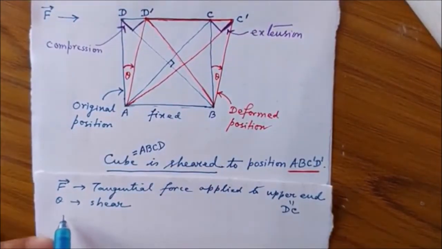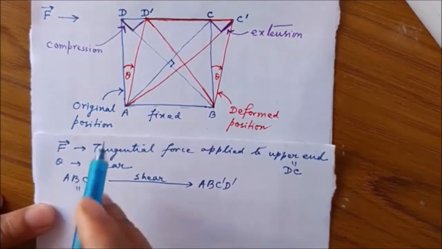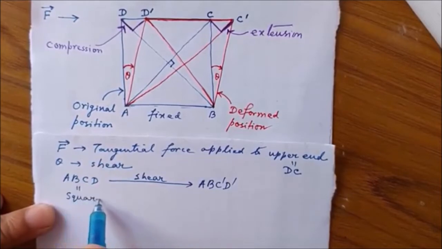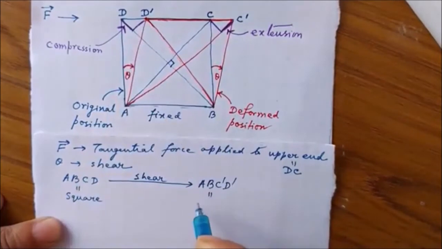Due to this shearing, ABCD goes over to ABC prime D prime, and ABCD is actually a square and ABC prime D prime is actually a rhombus.